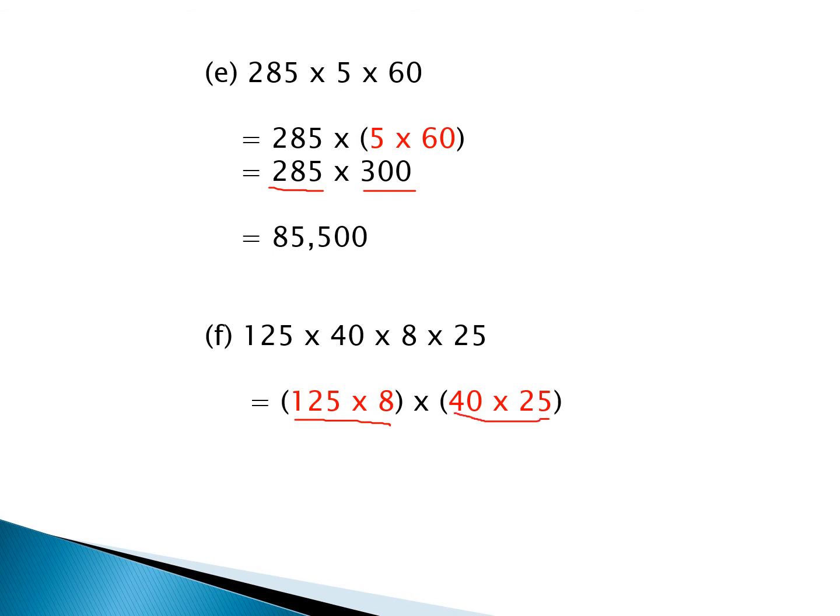So what will we get? After multiplying 125 by 8 we will get 1000, and after multiplying 40 by 25 we will again get 1000. So to get our final answer we will multiply 1000 by 1000. Our final answer will be 10 lakhs. I hope these questions are clear, children. Please practice at home carefully.